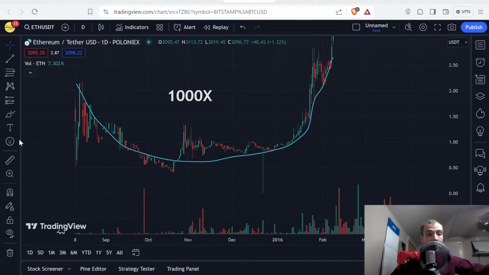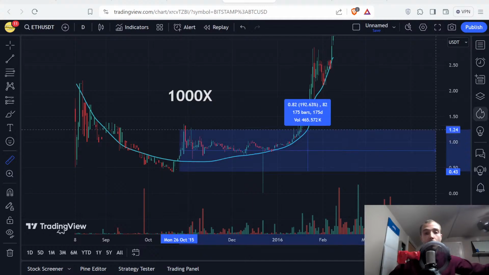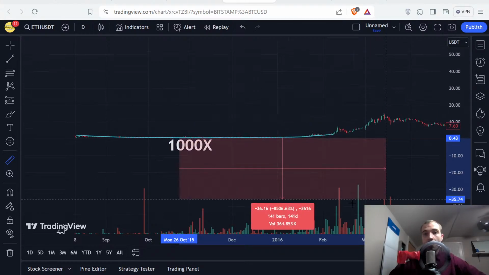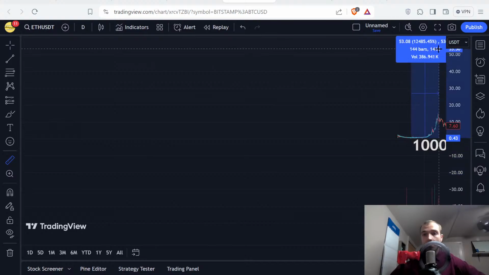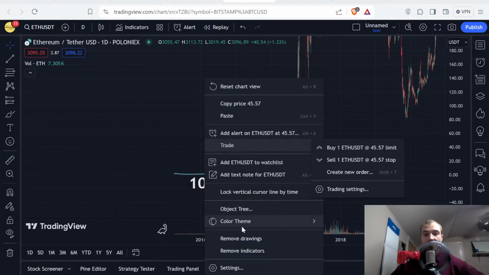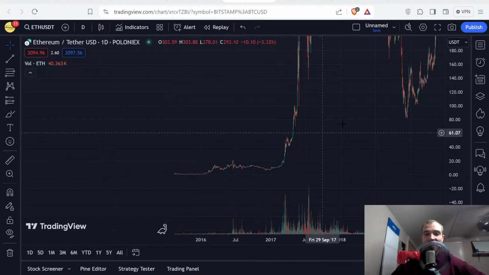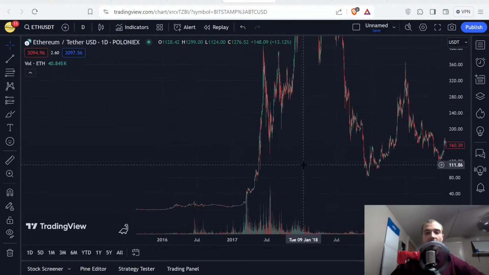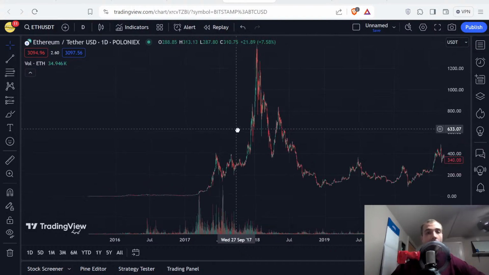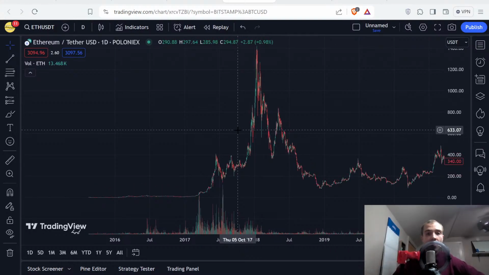Okay, from this point. Now, I'm not saying that ICP is going to do 1,000x. But I am trying to tell you guys that the sky is the limit, all right? When these things start to take off, they completely blow you away. They go way, way higher than anything you think is possible or anything you dreamed of.